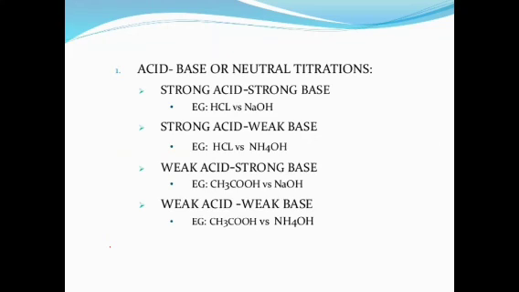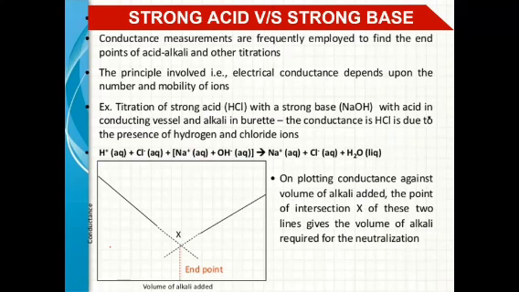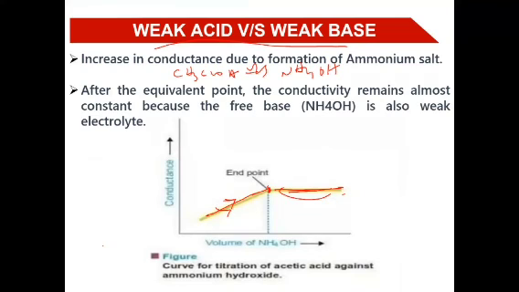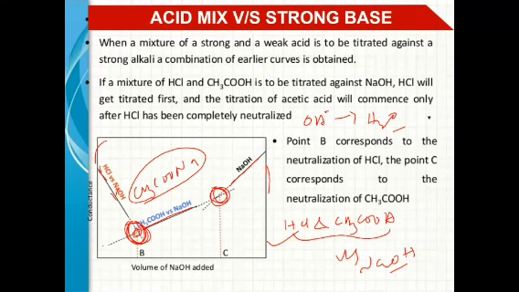The remaining two are extra: acid mixture versus strong base, and next one is precipitation titration. So these are the conductometric titrations of the various acid versus base. This is one of the important questions for your examination purpose.